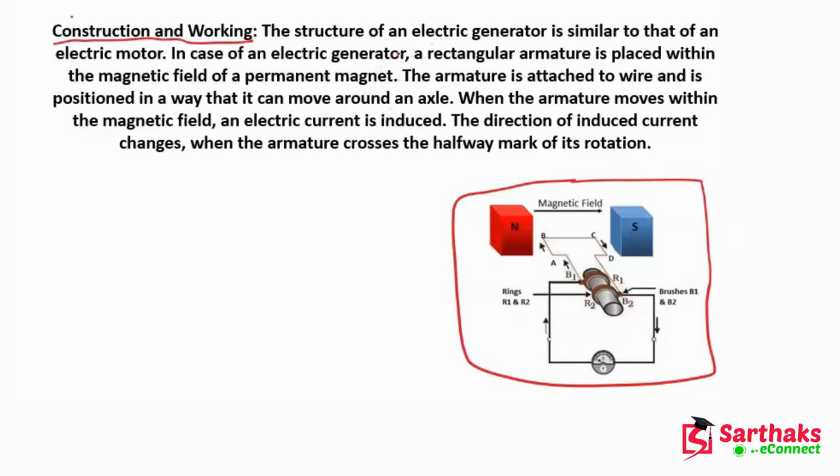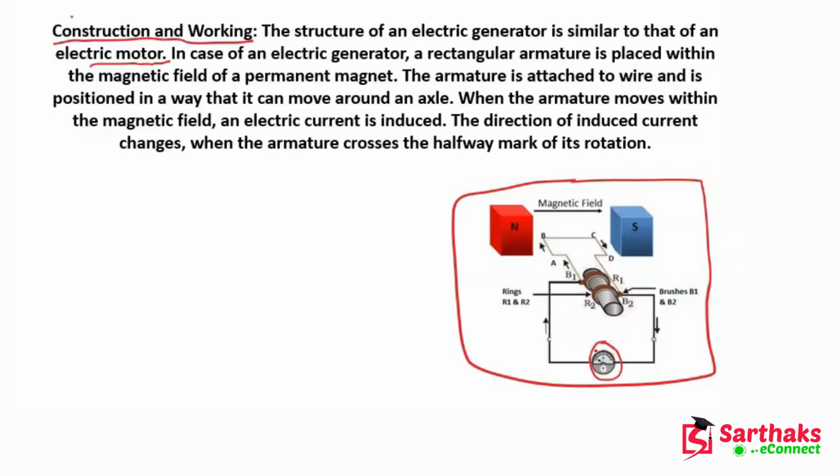The structure of an electric generator is similar to that of an electric motor. We already know that the circuit diagram or structure of a motor is similar to the generator. But in a motor there should have been a battery, whereas in this case you can see there is a galvanometer.